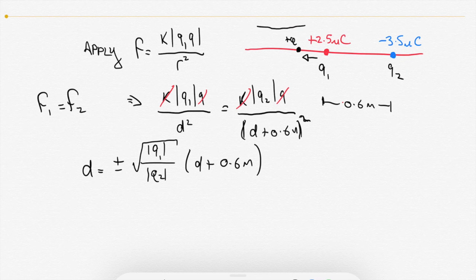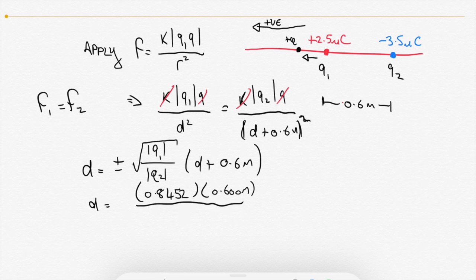And remember, the positive direction for D is in this direction here. So D is positive this way, and we're looking out along the negative x-axis to see how far we have to go so our forces will be balanced. When we solve for D, we get D equals 0.8452 times 0.6 meters over 1 minus 0.8452.